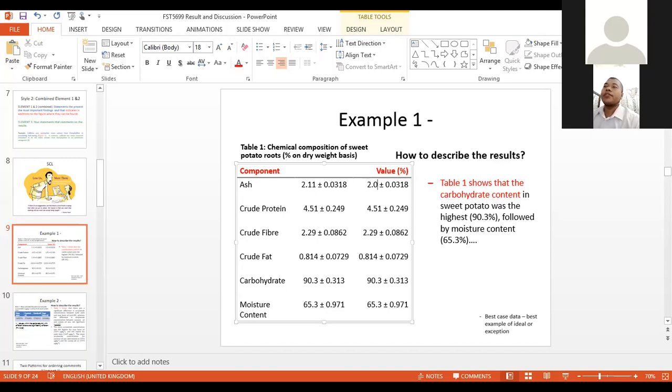Plus minus this one. This standard deviation should follow the number of decimal points based on the value. So if the value cannot be measured up to 4 decimal points, and I can only measure 2 decimal points, for example I have 0.21, then the decimal points of the standard deviation will follow the same as this one.